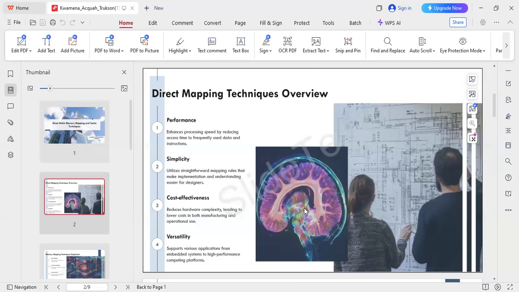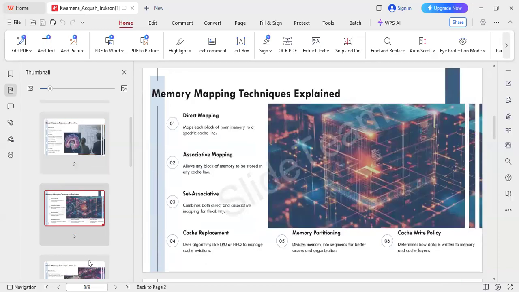This is more like a brain scan, and you could see people working on technical diagrams, possibly illustrating the application of direct mapping in efficient data handling akin to cognitive processes or in designing technical systems. So moving on to the next one.